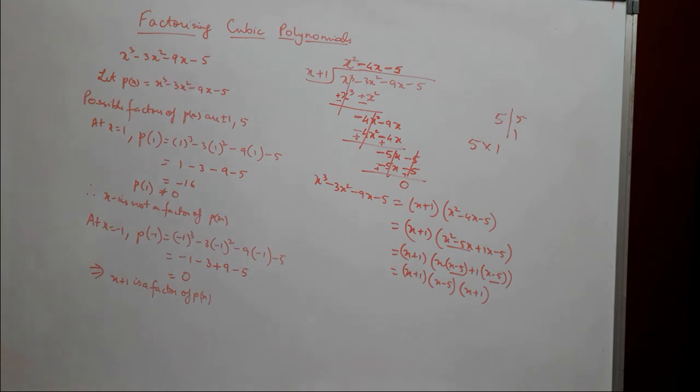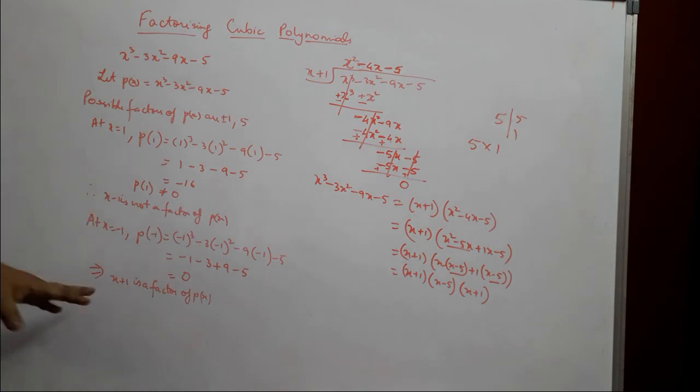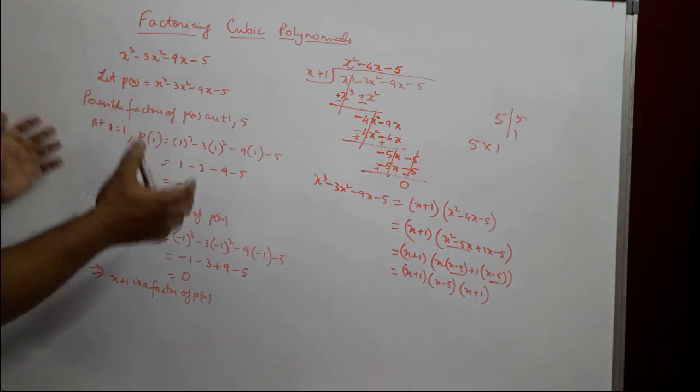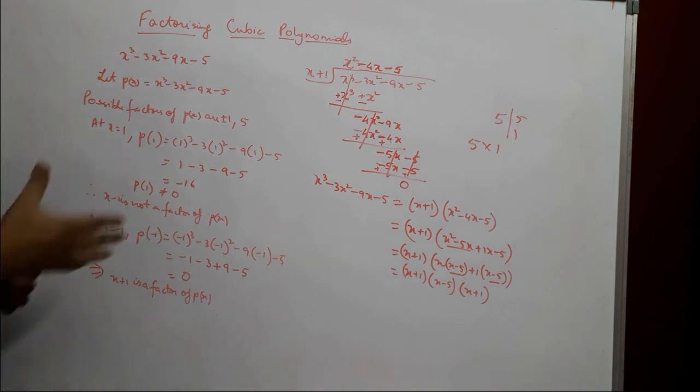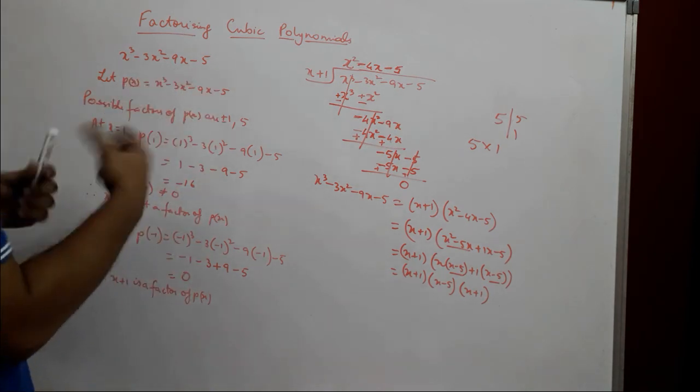Got it? So this is how we get factors of a cubic polynomial using the division method. But first we need to just check for which are the possible factors. The first factor that we get by using the hit and trial method. The reason why we call it hit and trial method is because we don't know, we are just checking.